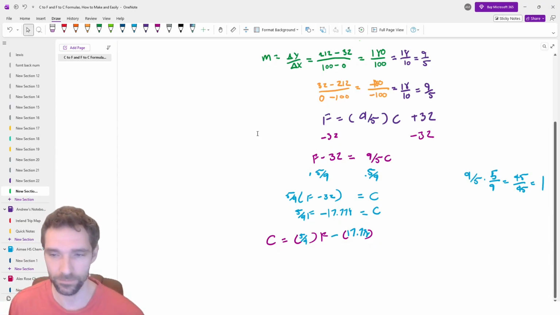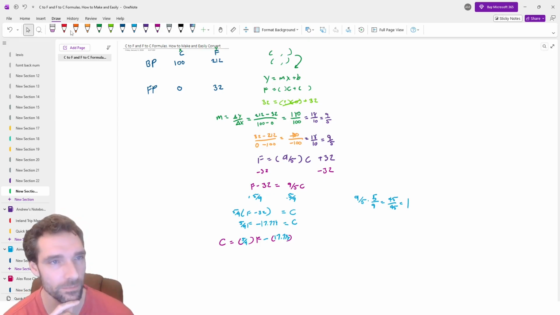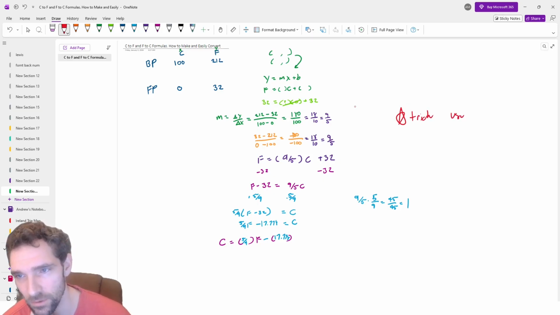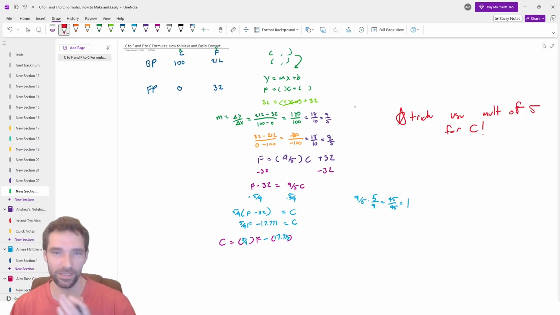So the easiest way to think about converting between these two, this trick, is to use multiples of 5 for Celsius. And that's going to end up just making the math a bit cleaner and easier for you.